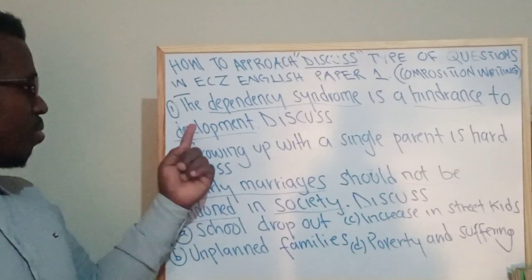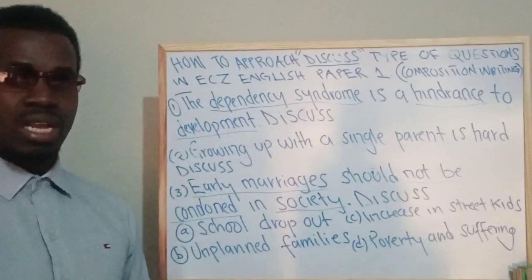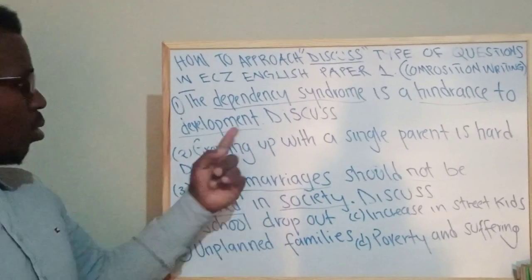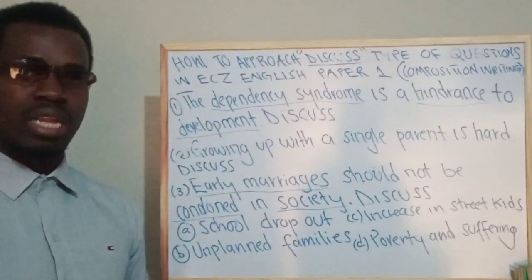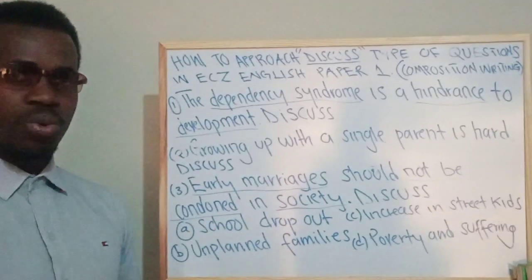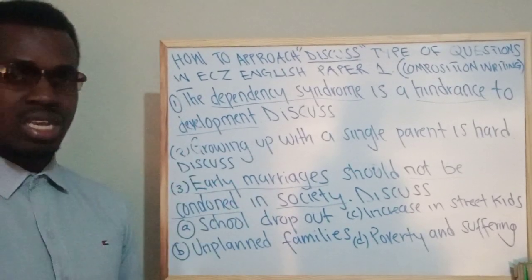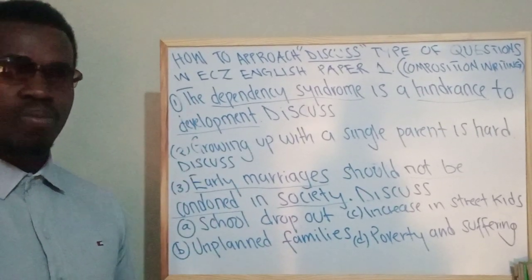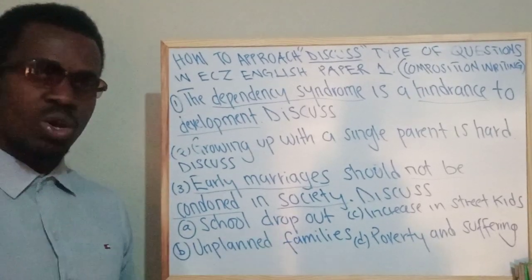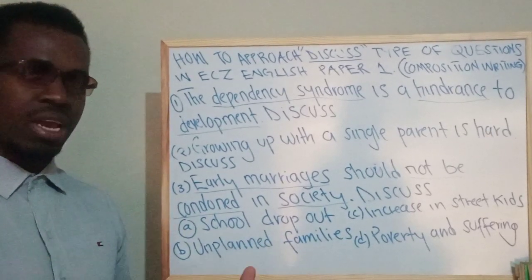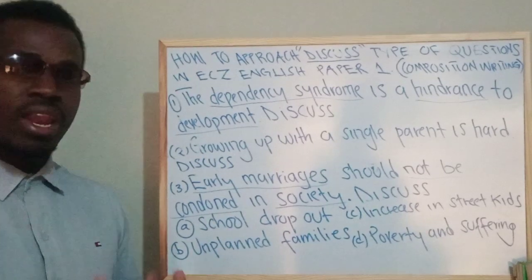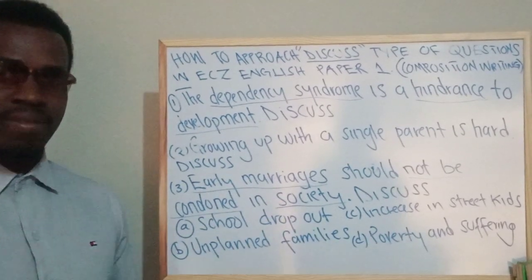Look, for example, we have dependent syndrome as our key phrase. Then we also have hindrance as our key term and development. So we have to discuss whatever we want to in line with these key terms. So what do we do? We reflect on how individuals become dependent on other individuals for their survival.